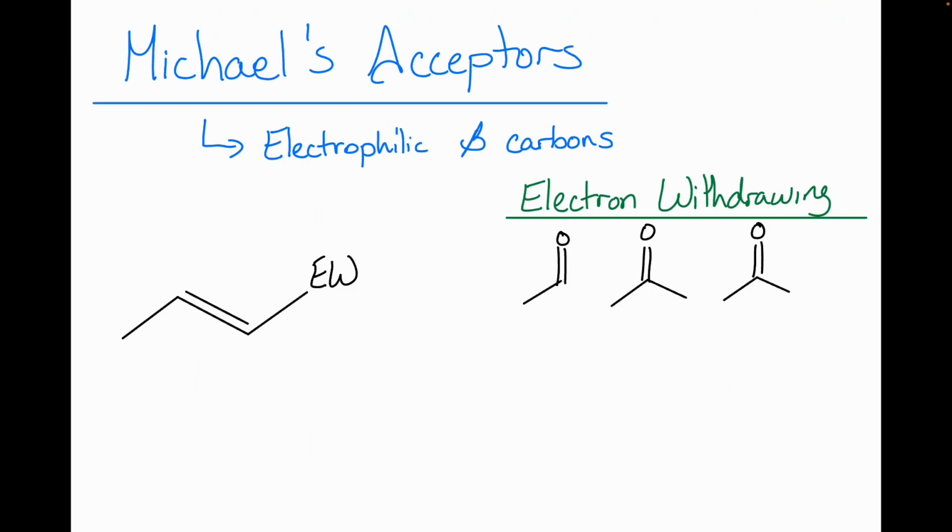We have that carbonyl carbon in that same position, but we have an ester that will also work. An amide is another carbonyl containing group, so we have a nitrogen on the other side. That would also work. Importantly, what's not going to be on this list is a carboxylic acid.